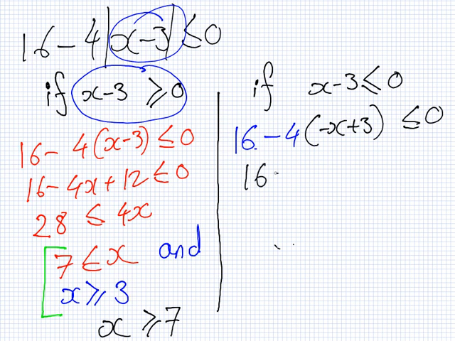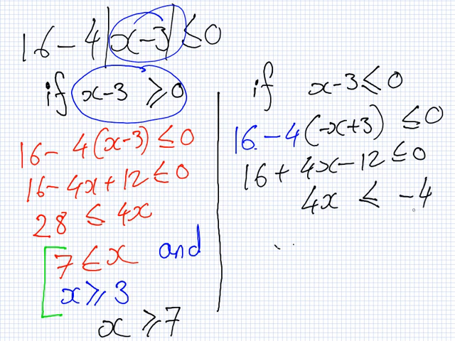So I have 16 plus 4x minus 12 less than or equal to 0. I have 4x less than or equal to minus 4. Sorry, did I do something wrong there? 4x, that's right, isn't it?